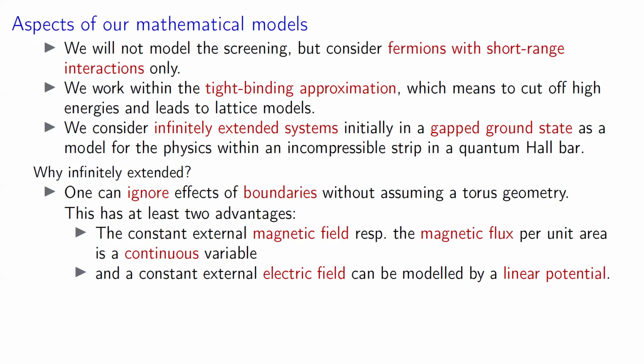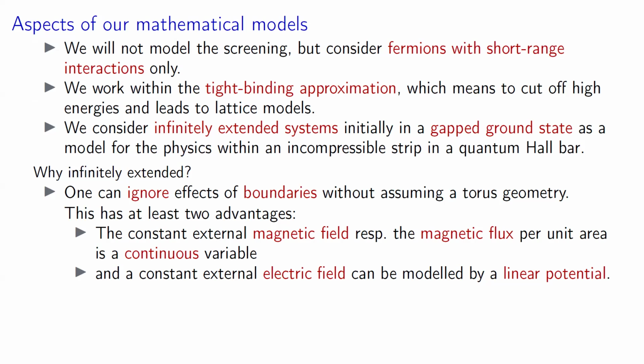But then this has the disadvantage that when we take it seriously, that in these experiments, the gaps come from external magnetic fields, then on such models, the magnetic field is not a continuous variable, but it's quantized. And you will see that for some questions, at least, this is important. And the other thing is that we cannot model this linear potential drop on a torus. It doesn't work.